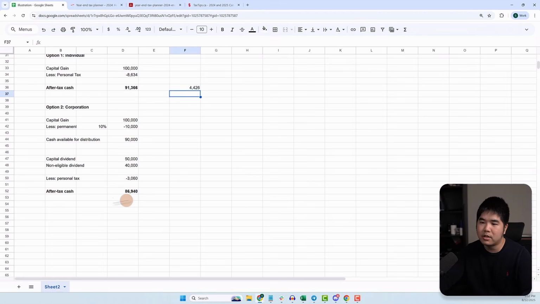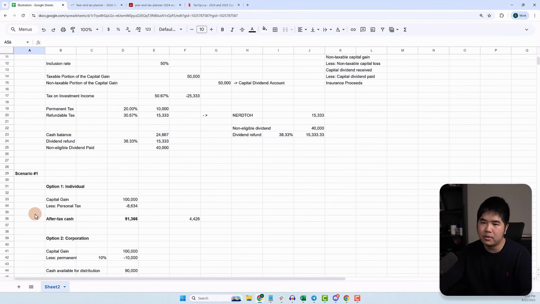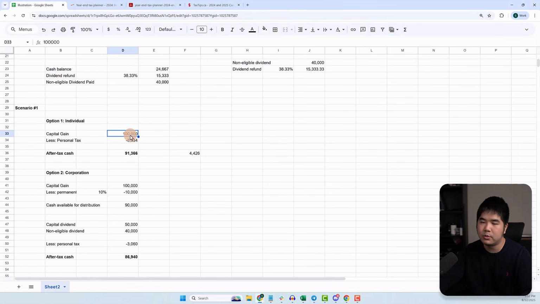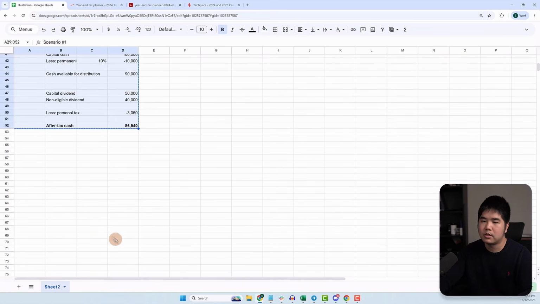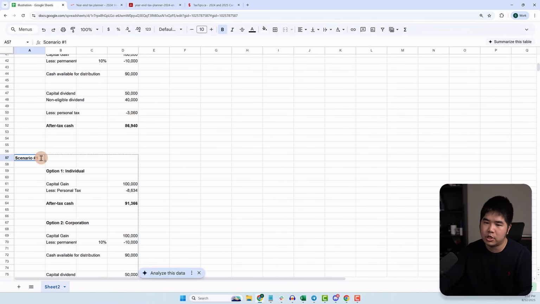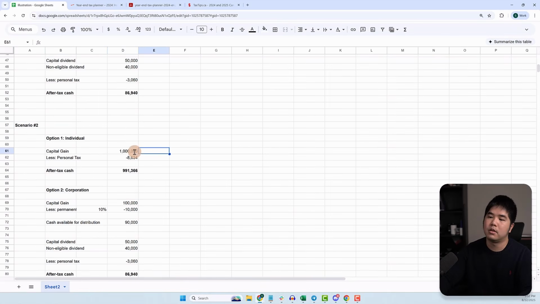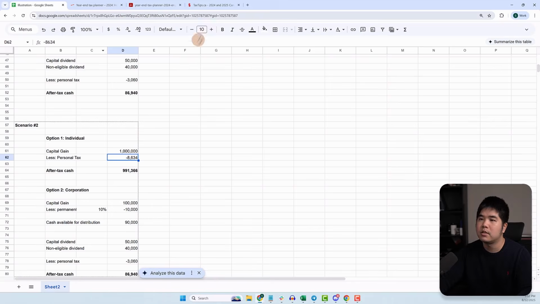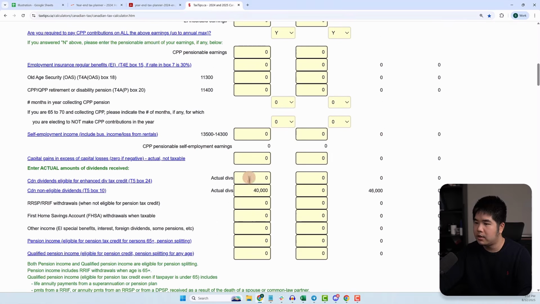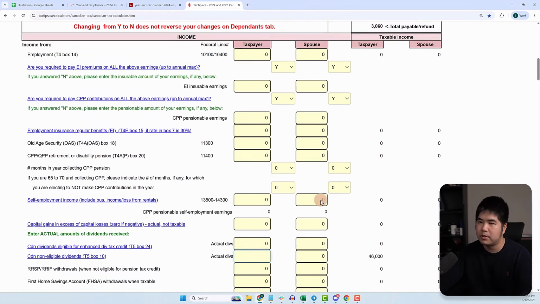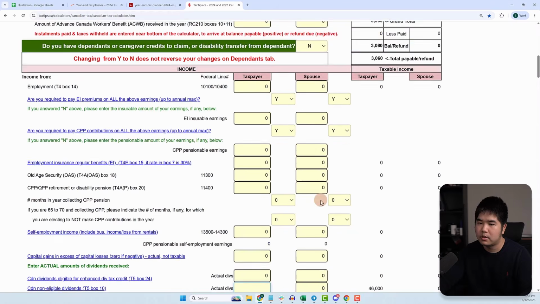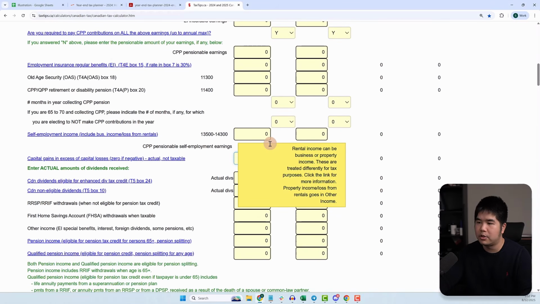So let's take a look at the second example where instead of $100,000, we realize $1 million of a capital gain. So I'll copy all of this, change this to scenario number 2, individual, $1 million, and let's change this. Let's go back to the calculator and put over here, 1 million.